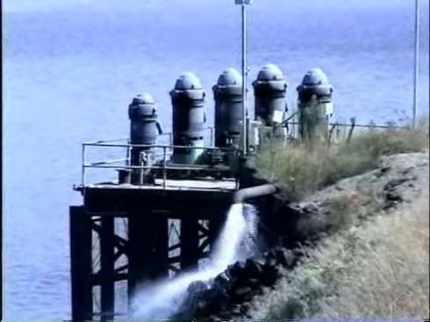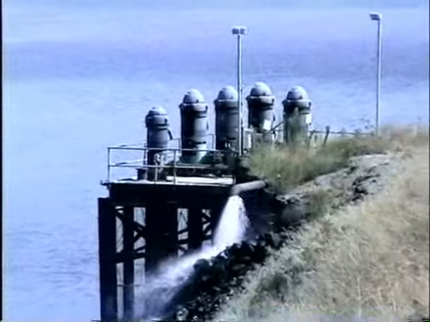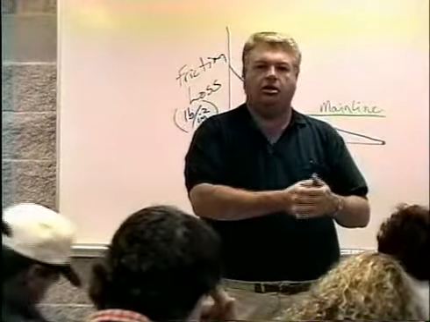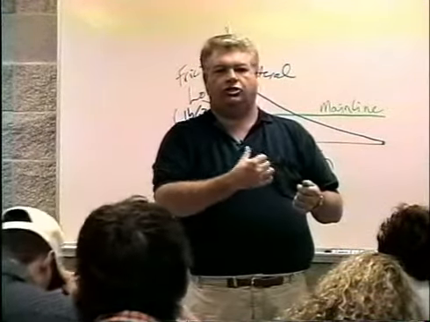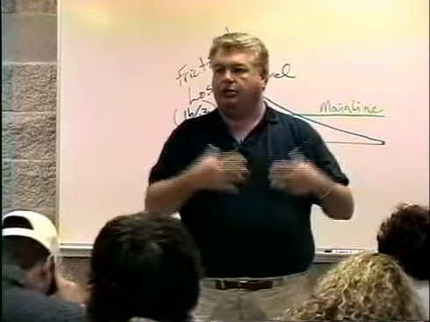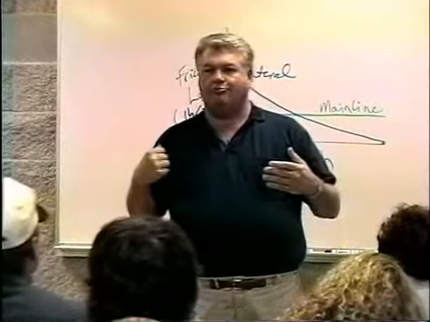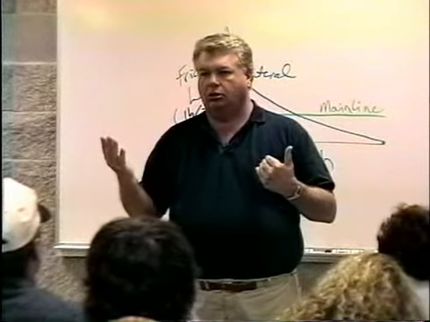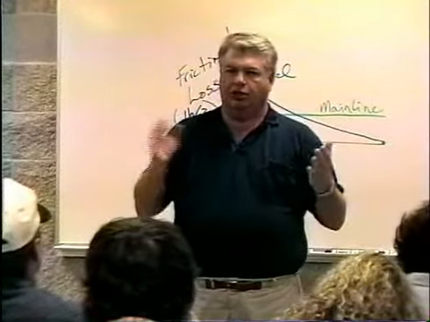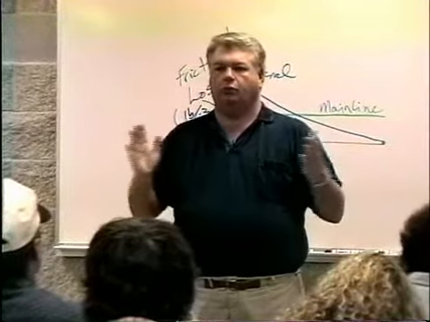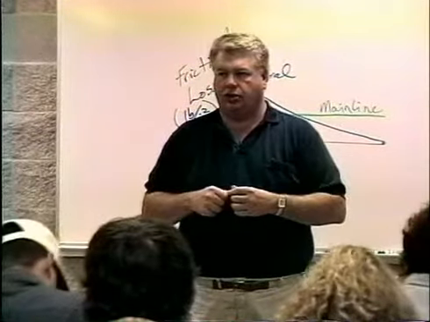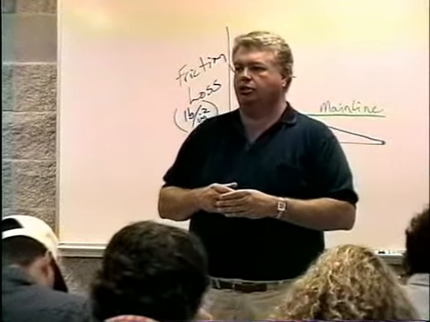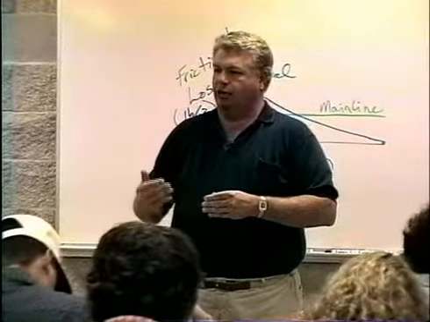But if it's a closed line and there's no place for that pressure to go except to the end of the line, it hits the end of the line, and the only way for it to go is it's trying to seek a place to exit, so it goes right back down the pipe. And the weakest point in the pipe is going to blow. Or it's going to go back up and bounce back and forth until it stabilizes itself at a stable pressure. So that can be a real disaster in operations.